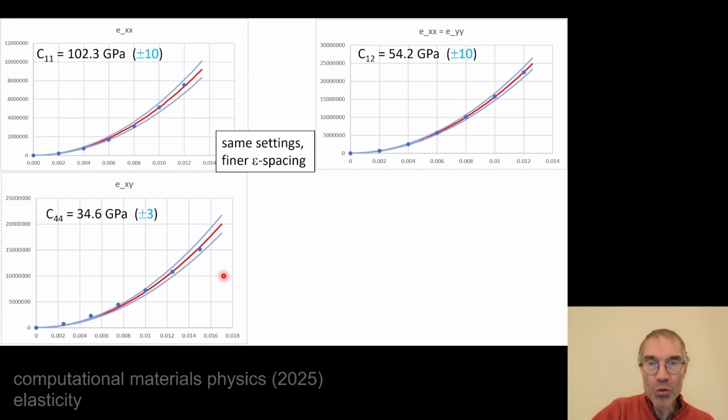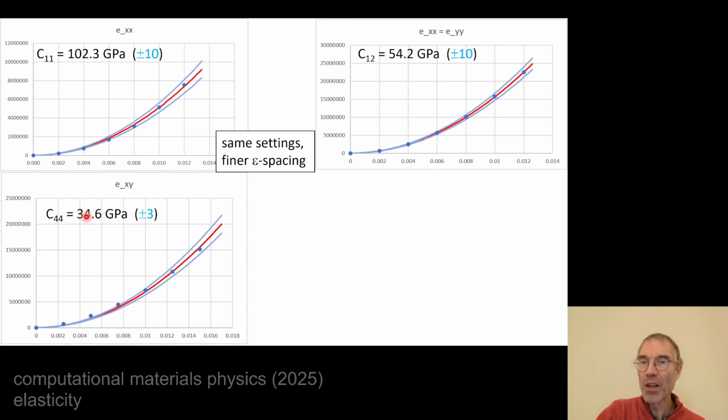In order to test some of these hypotheses, I did high precision calculations where I now also indicate a plus or minus 10 GPa range, and here a plus or minus 3 GPa range, to see if my numbers would be a little bit different, could that give big changes in this C44?